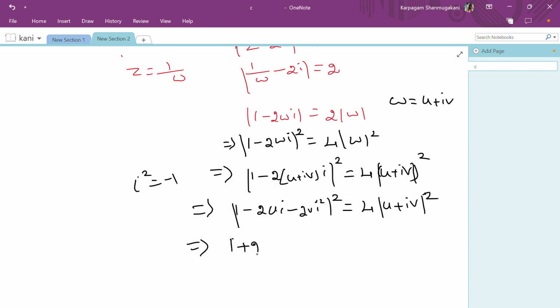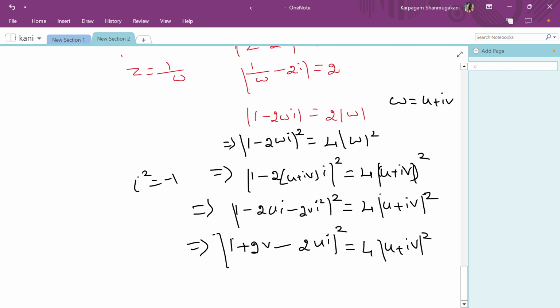So 1 plus 2v real part, minus imaginary part minus 2u. Four into modulus of u plus iv square.